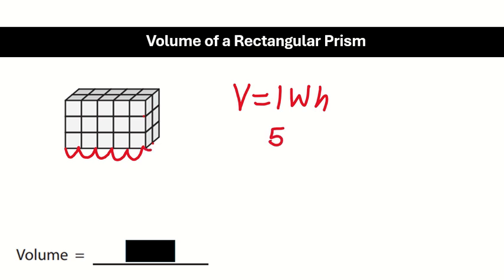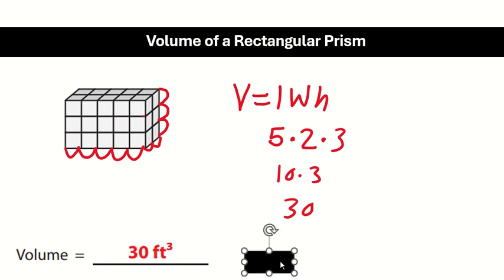We have a width of 1, 2, so 5 times 2, and we have a height of 1, 2, 3. So 5 times 2 times 3 should give us the volume. 5 times 2 is 10, 10 times 3 is 30. So we should have a volume of 30 feet cubed, and we do. So there you have it.